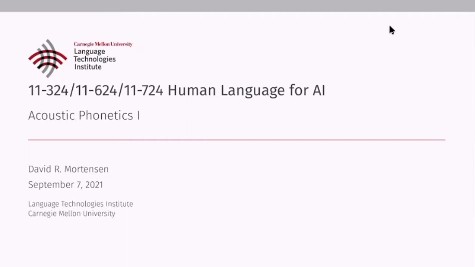We're going to talk about acoustic phonetics. So articulatory phonetics is about what is going on in your vocal tract when you make speech sounds and how you can characterize speech sounds based on those articulations. Acoustic phonetics is about the sound signal that those articulations produce.